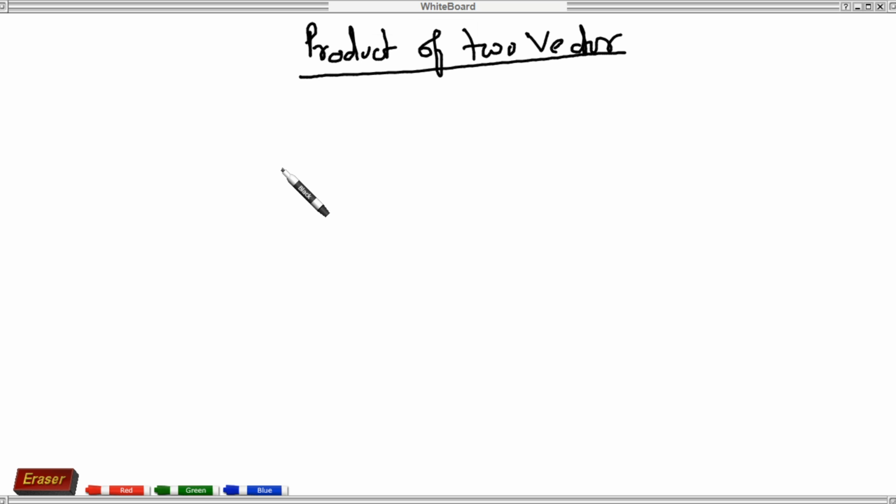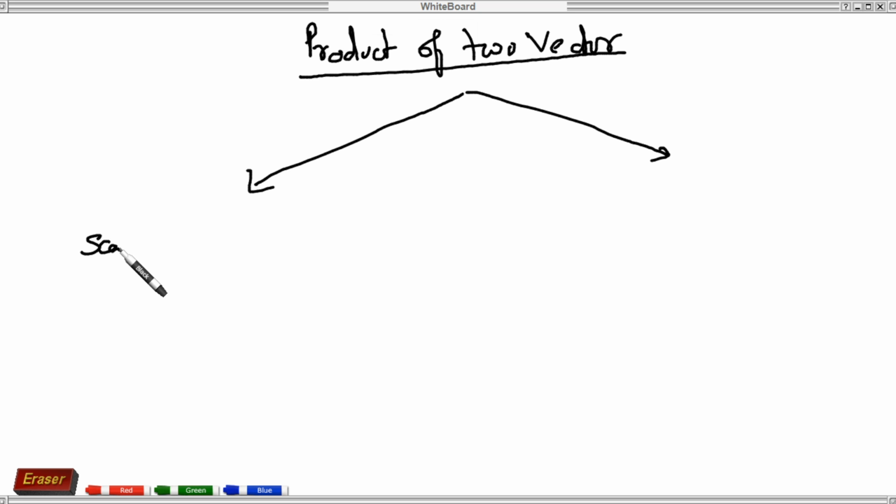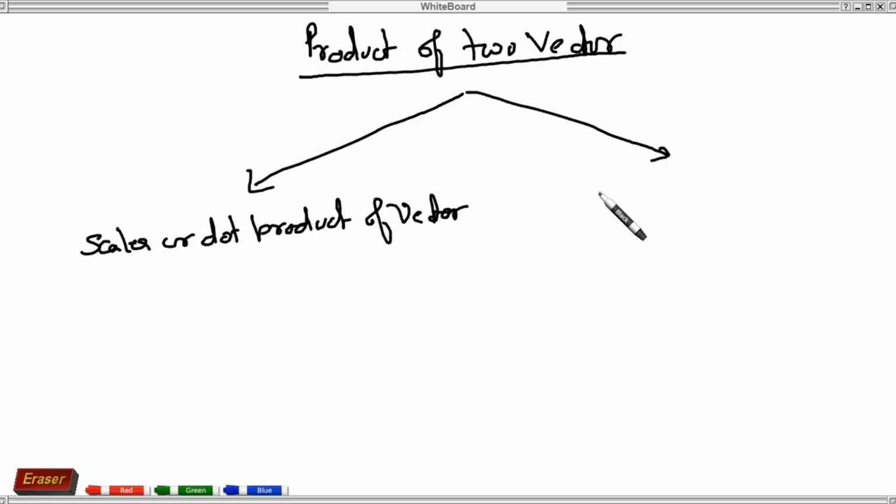What I will be discussing today is that one is the scalar or dot product of vector, and another one is the vector or cross product of vector.